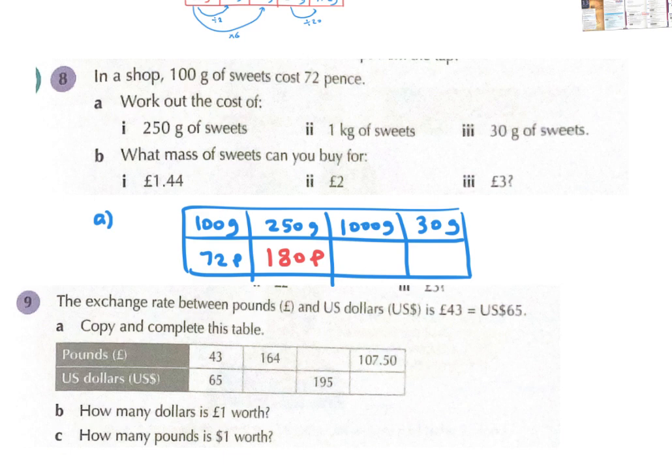Now for this number, 720. 720 pence. Now for the last one, 21.6. This is approximately 22. So 22 pence. Okay.